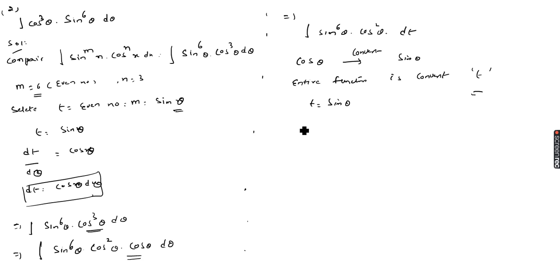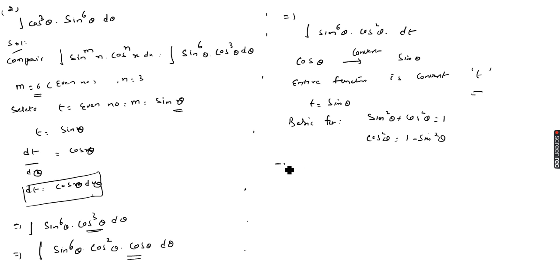So we use the basic formula: sin square theta plus cos square theta is equal to 1. From that, cos square theta is equal to 1 minus sin square theta.